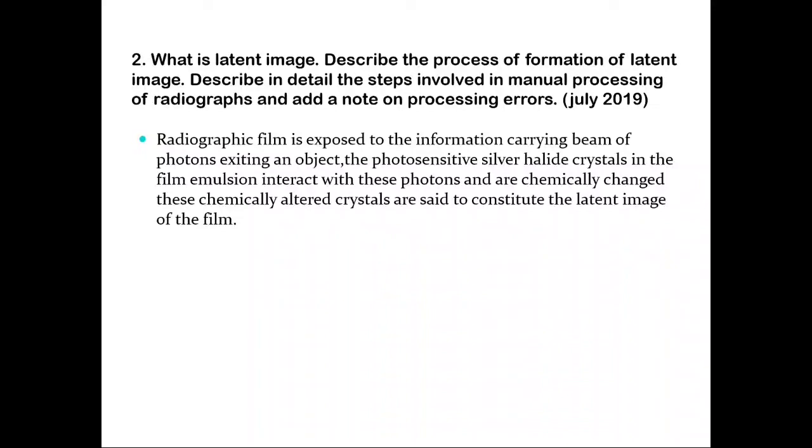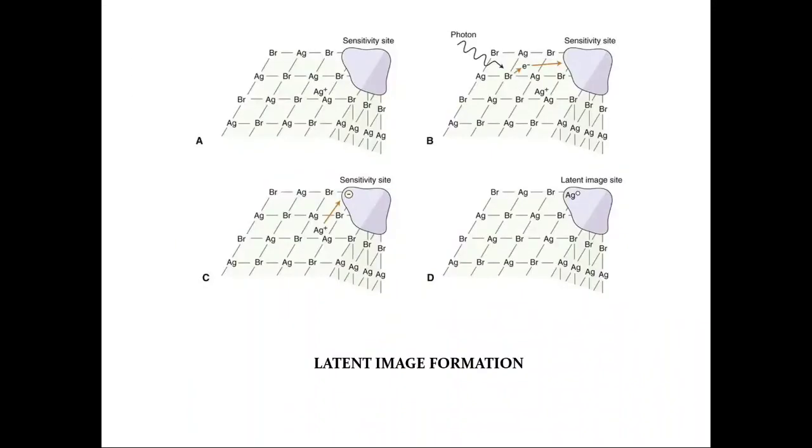Now the second sub question is to describe the process of the formation of latent image. You can start off with a diagram like this that has been given in White and Pharoah again. Latent image formation occurs such that we have a crystal lattice, that is the silver bromide crystal lattice in the emulsion of the X-ray film, and you have the silver as well as the bromide ions forming this crystal lattice.